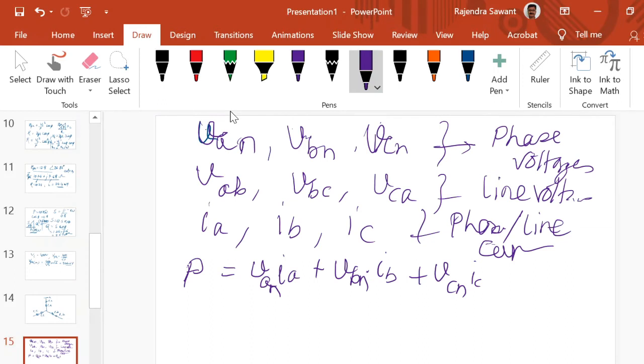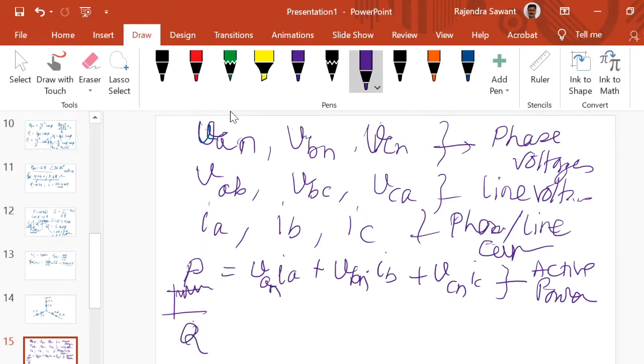This gives me the active power. If the system is balanced, we shall be getting a DC here. Otherwise we will be getting oscillations like this. But this discussion is restricted to a balanced system.